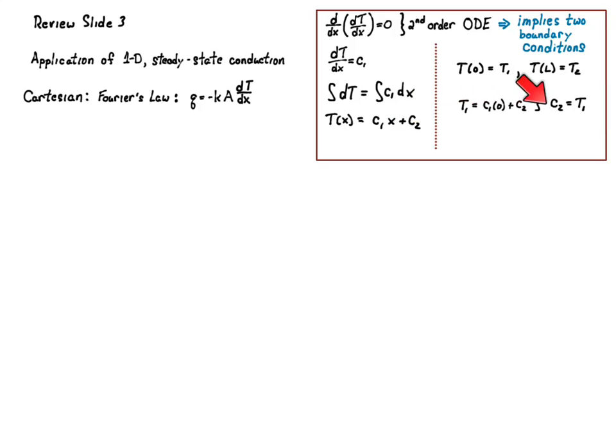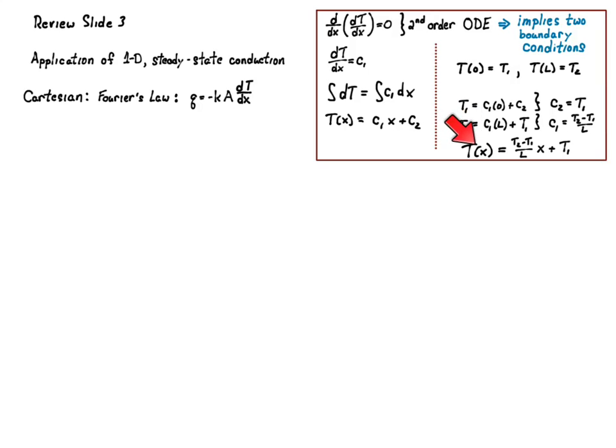We get that the first constant equals T1, and then utilizing the second boundary condition, we find that C1 equals (T2 minus T1) over L. And this gives us our particular solution to the ordinary differential equation for these two boundary conditions.